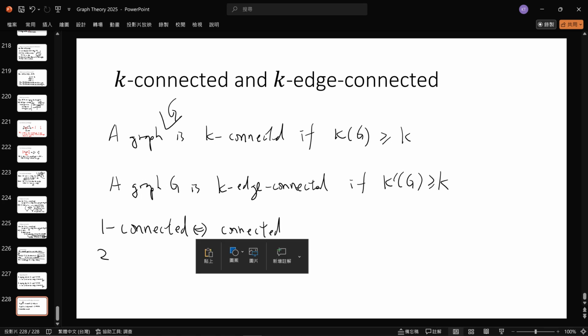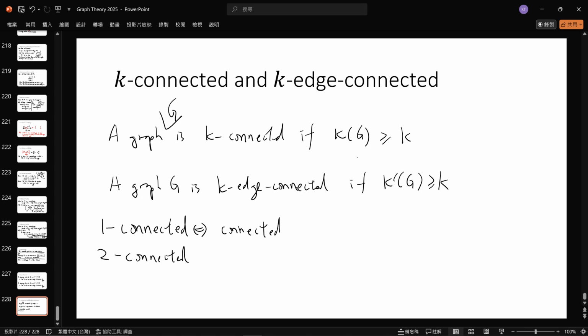Okay, and if you see a 2-connected graph, this means the connectivity is at least 2. So when the connectivity is at least 2, this means if you want to disconnect the graph, you have to remove at least 2 vertices.